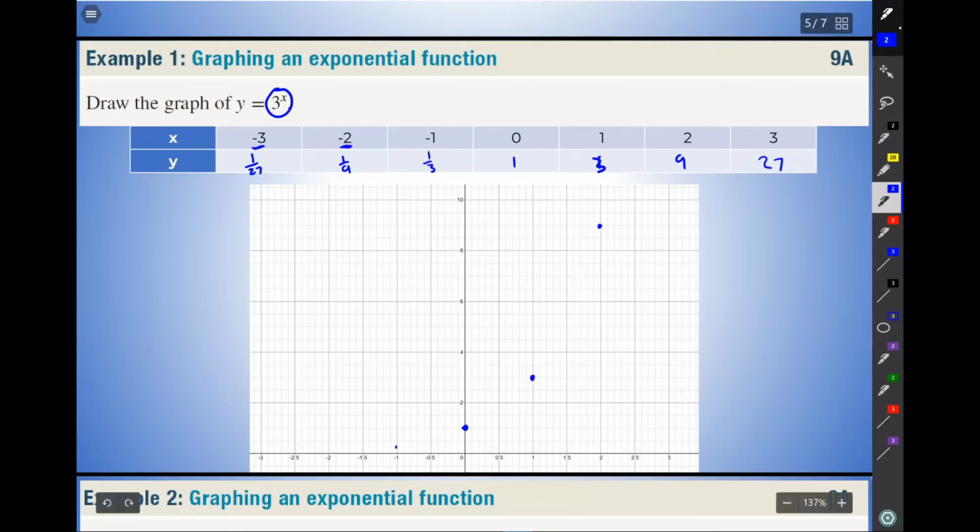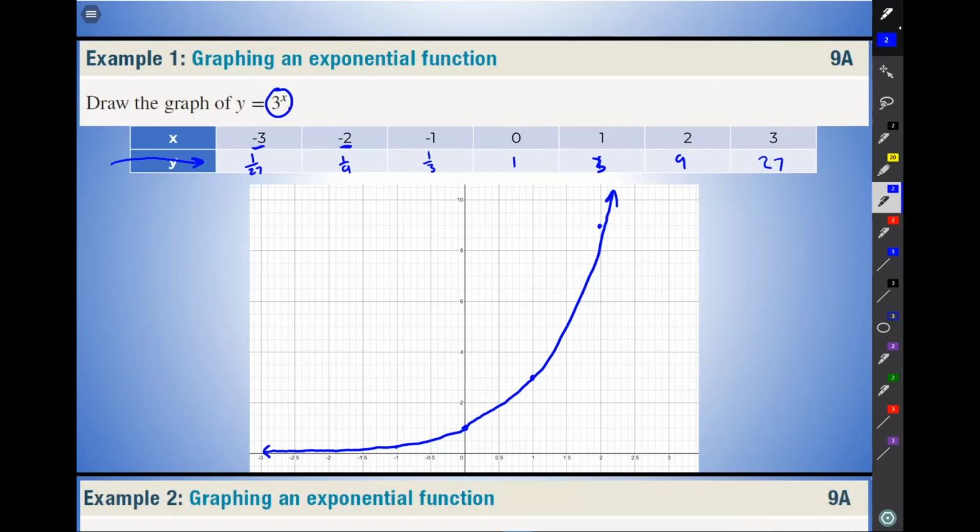And at -1, we're at about a third. And then you just join your points up, looking something like that. And that's how we draw the graph. It's relatively straightforward. The only part that might give you some difficulty is making sure that you put everything into your calculator correctly.